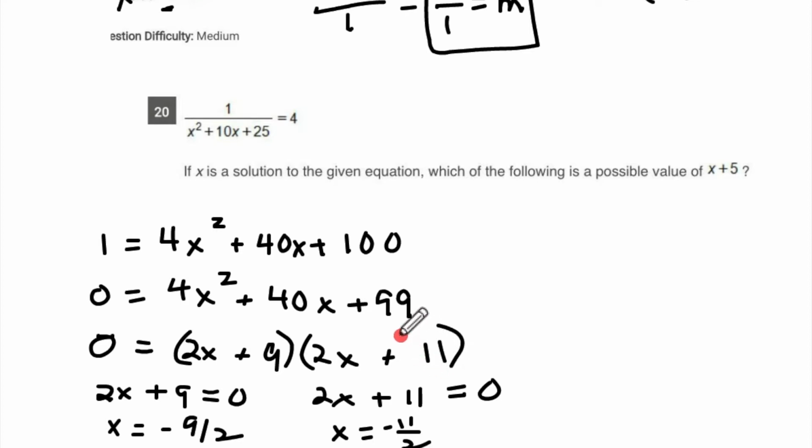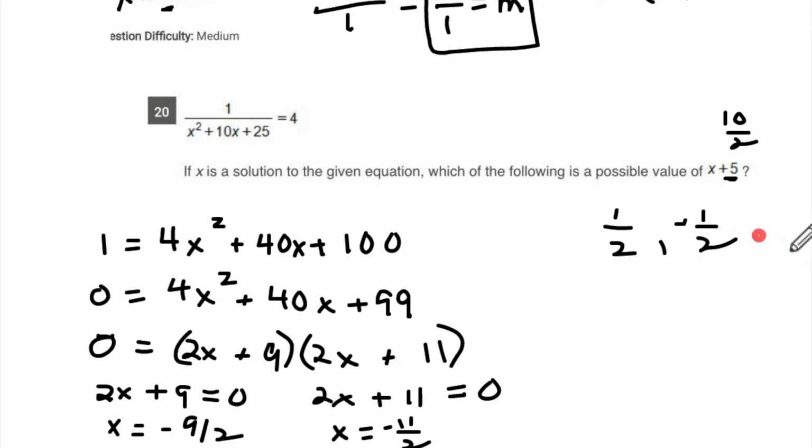That's terrible, isn't it? Those are your 2 answers, but now we have to add 5. Since they're both with denominators of 2, I made my 5 a 10 over 2. So negative 9 halves plus 10 over 2 is 1 half, and negative 11 halves plus 10 over 2 is negative 1 half.